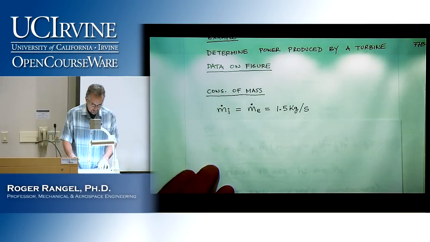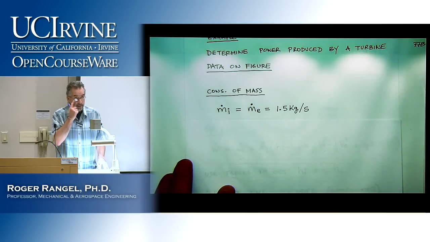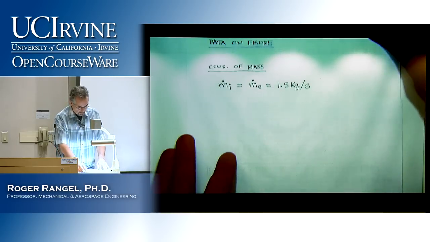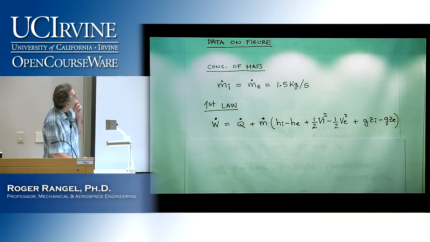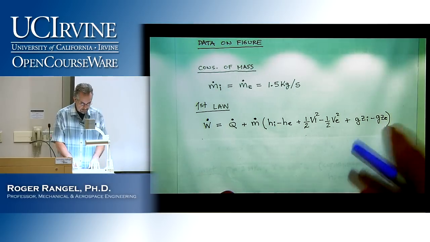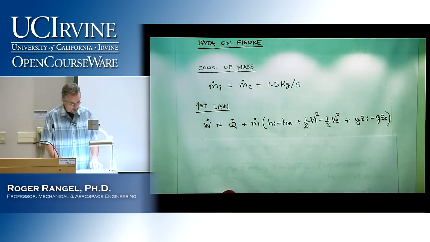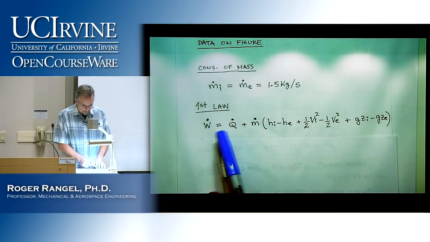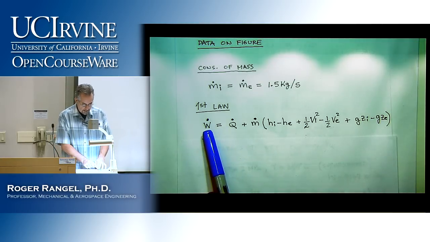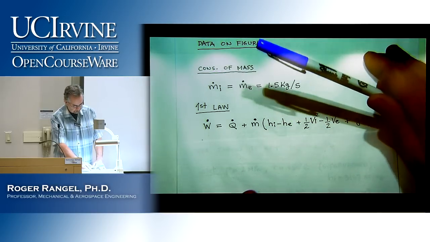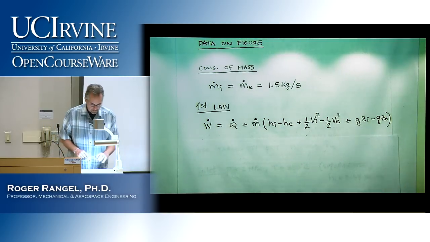In this case, it's given, so conservation of mass is already checked for us. Then go ahead and write the first law of thermodynamics, which is there. For a steady state, you can see the transient term is gone, but all the other terms are still here. And I have already solved for the power produced by the turbine by leaving it alone on the left-hand side. And then we need to evaluate the right-hand side.